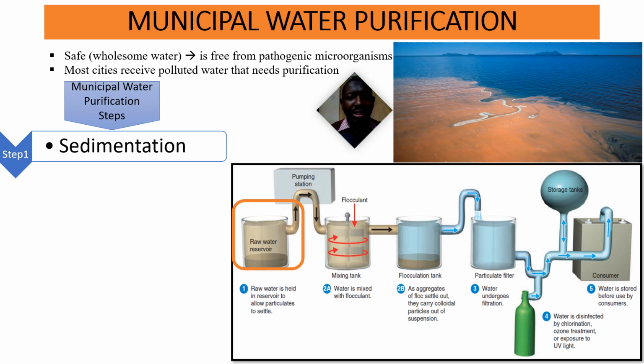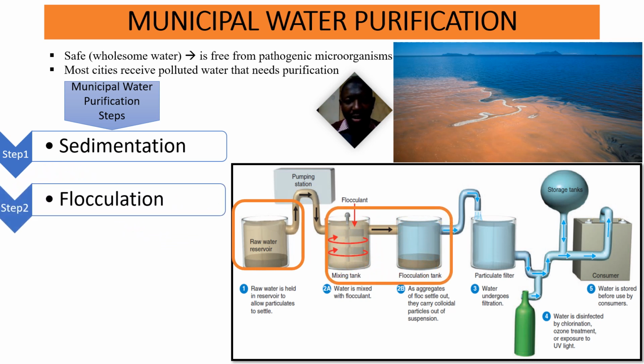Now, the second stage of water purification involves flocculation. Flocculation, which is the second stage, involves removal of the colloidal materials and some microorganisms from the water.